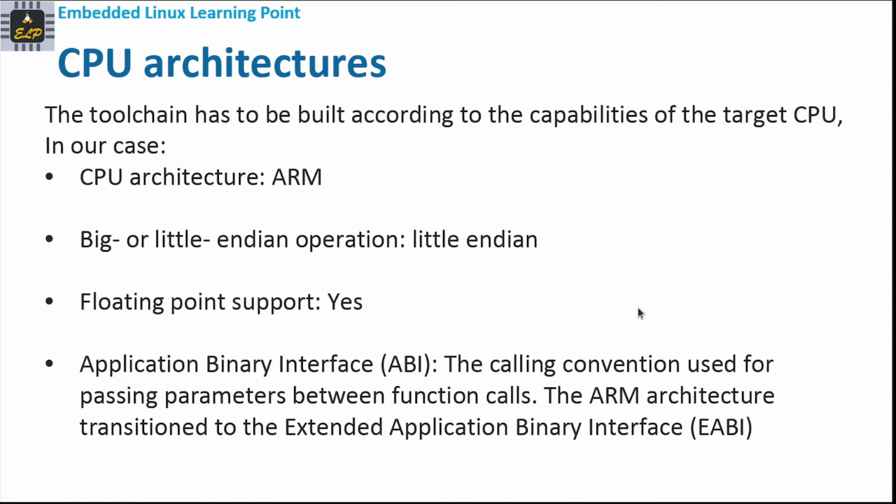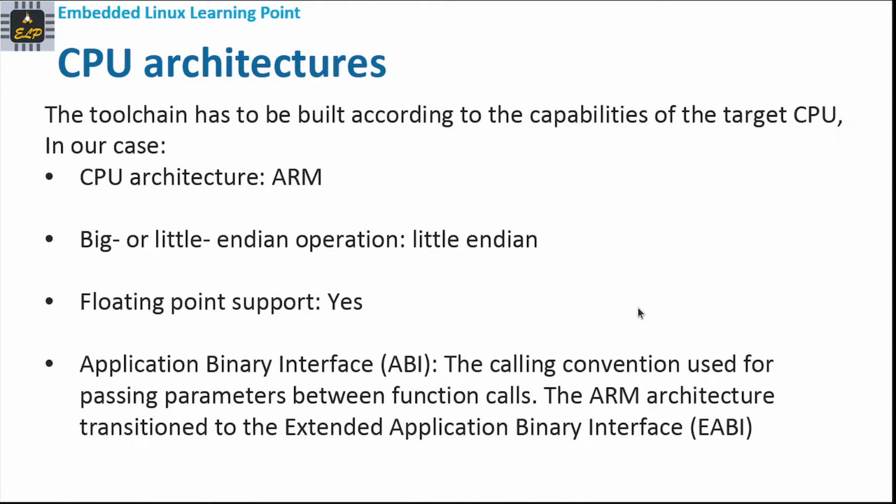The toolchain has to be built according to the capabilities of the target CPU. In our case, we are building for the BeagleBone Black, which is what we have chosen for our hardware. The CPU architecture is ARM, and the toolchain also should be able to handle big or little endian operation.